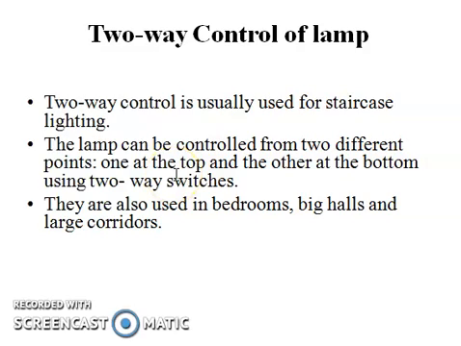If you are on the ground floor, you can switch off the light which is on the first floor, and if you are on the first floor, you can switch off the light on the ground floor, if you provide the two-way control facility for that lamp. So two switches are required to control the single lamp by two ways. They are also used in bedrooms, big halls and large corridors.